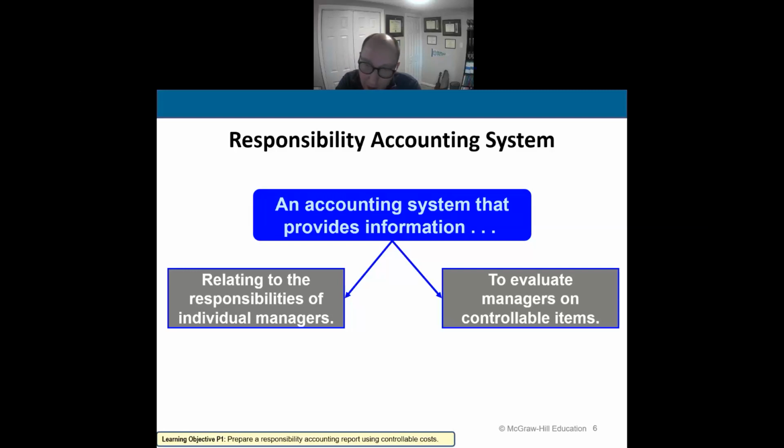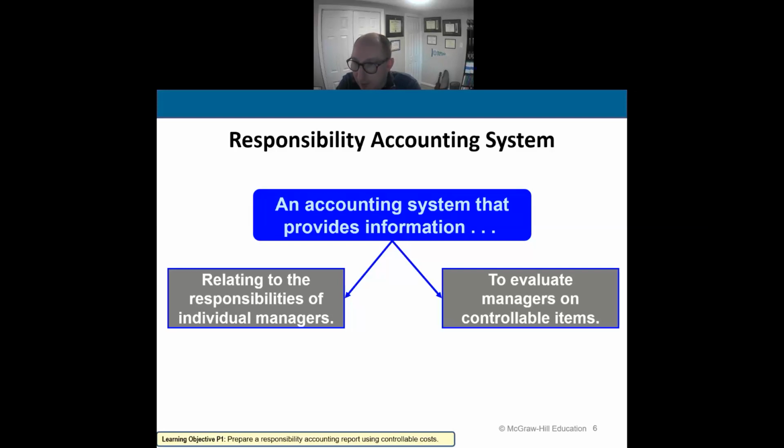In other words, how well are my individual department managers managing their respective costs? How well are my cost center managers managing their costs? How well are my profit center managers managing their costs? I can relate that information to either the individual managers or to the entire organization.